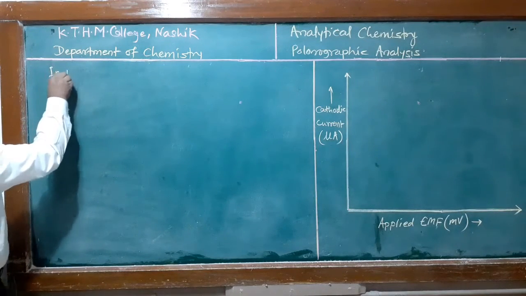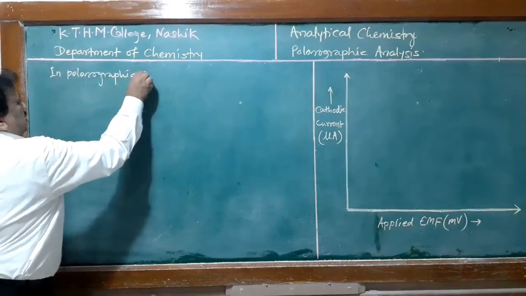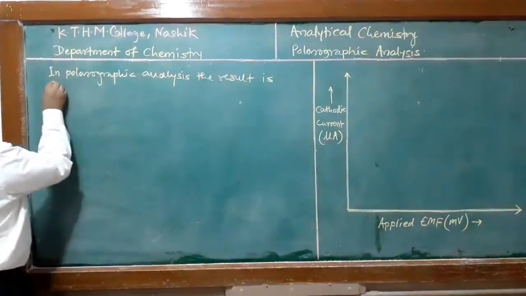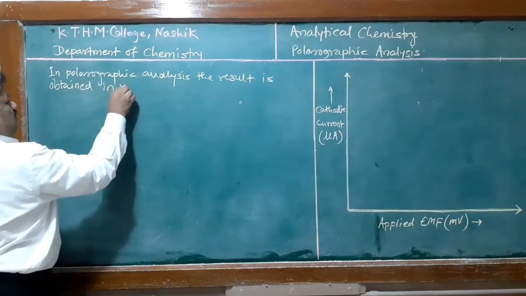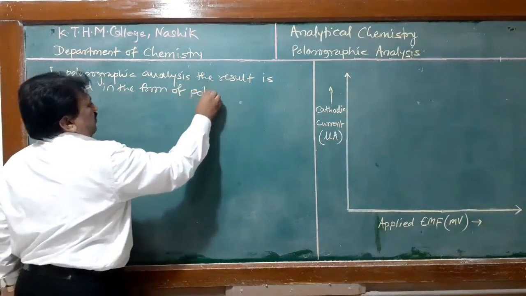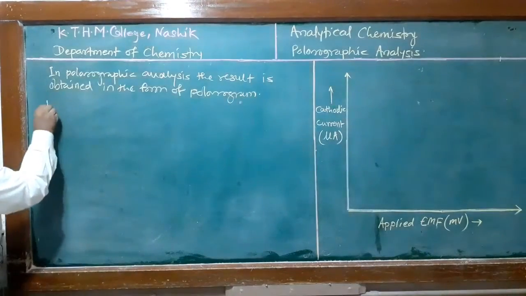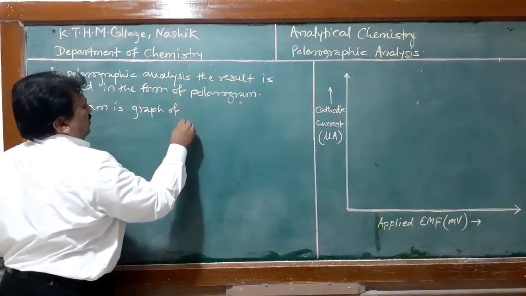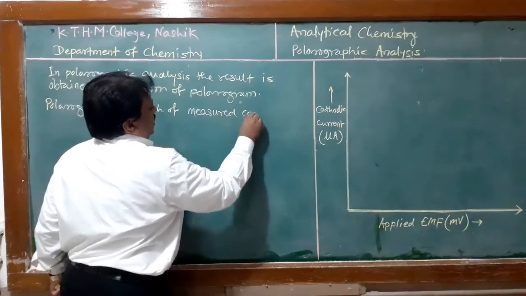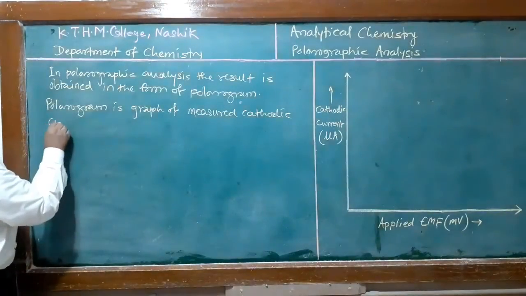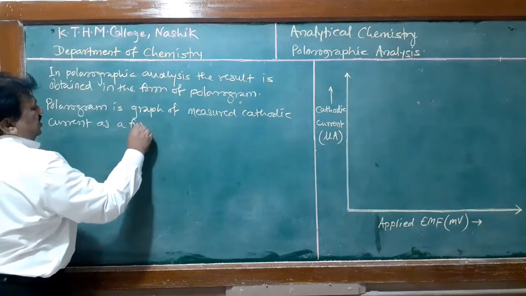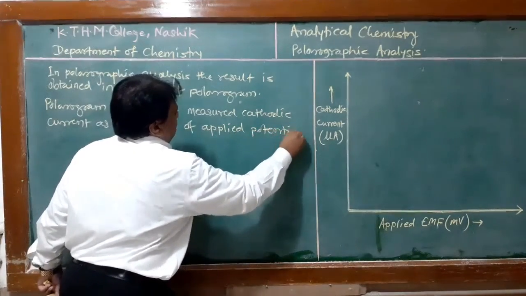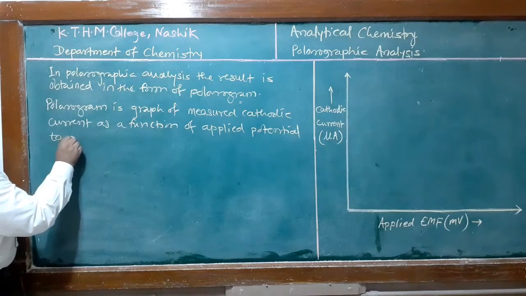In polarographic analysis, the result is obtained in the form of a polarogram. A polarogram is a graph of measured cathodic current as a function of applied potential or EMF to the dropping mercury electrode.